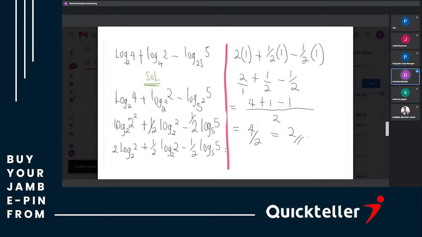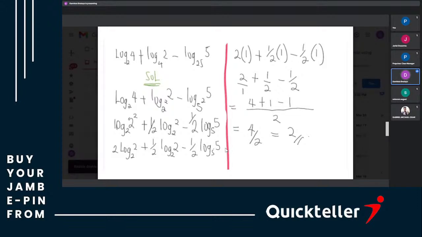Now, the next thing, because the powers are under, they will become inverse when they are going to the front of the logarithm. What I mean is that if I give you log 2 raised to power 2, that power 2 will go to the front. It will become 2 log 2.